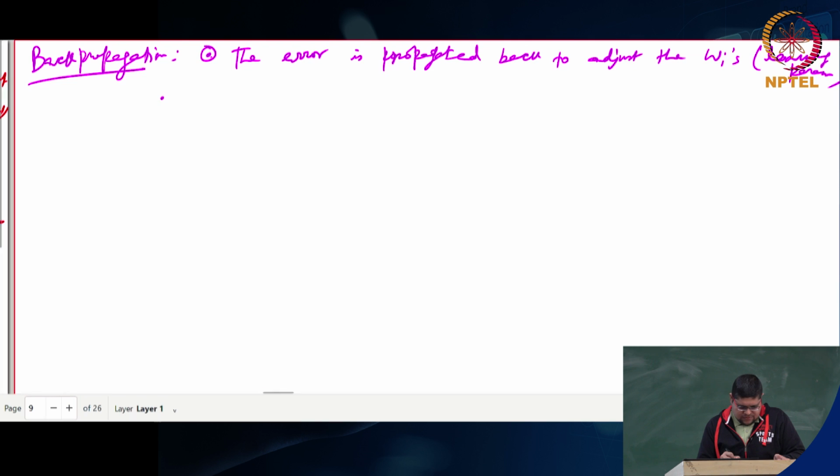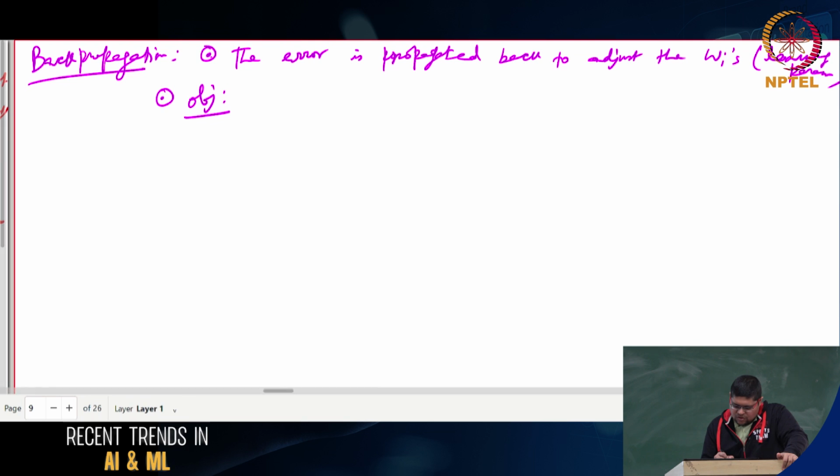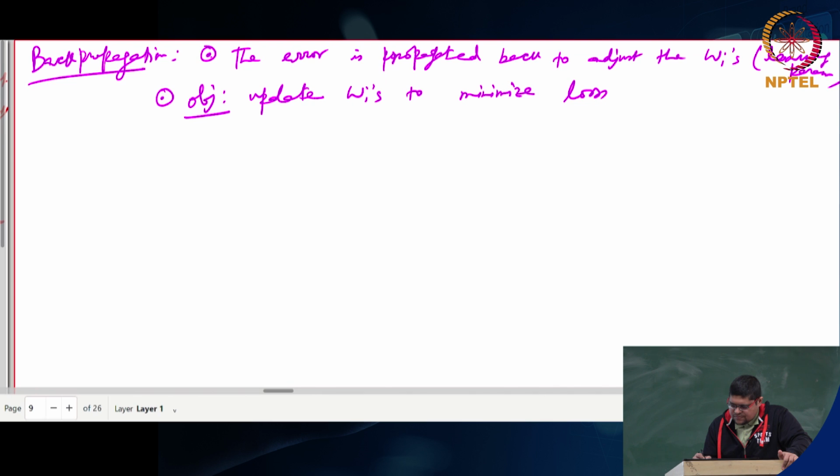And in back propagation, what is our objective? Be very clear about this point. The objective is to update the W's to minimize the loss.